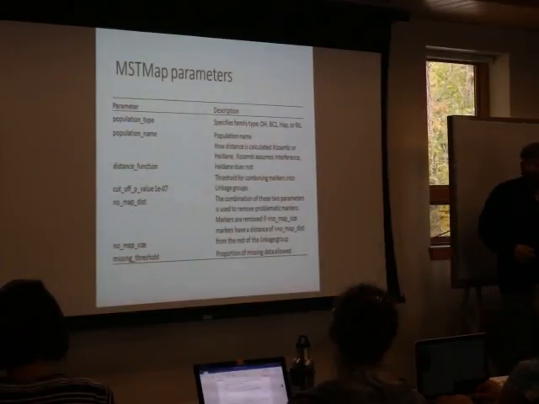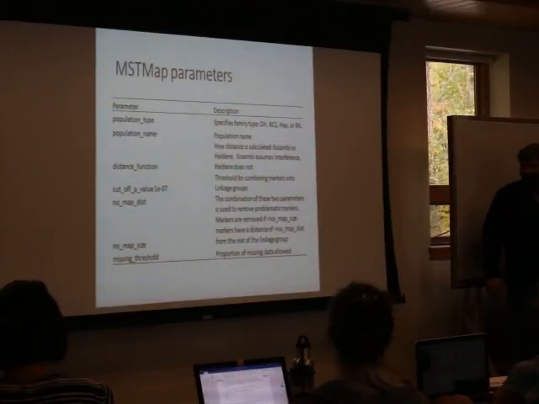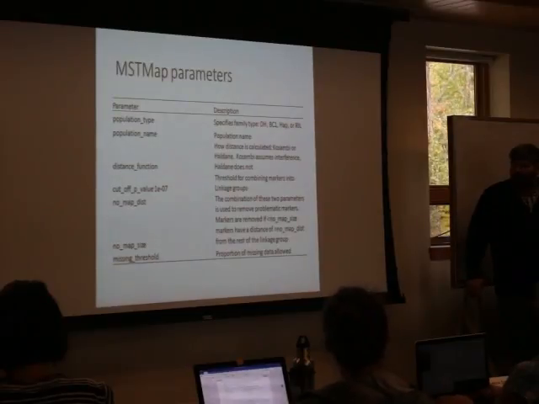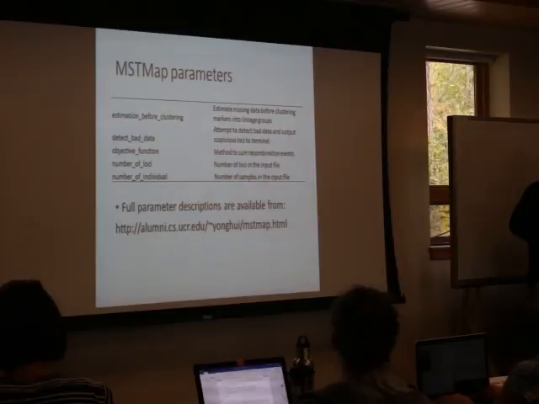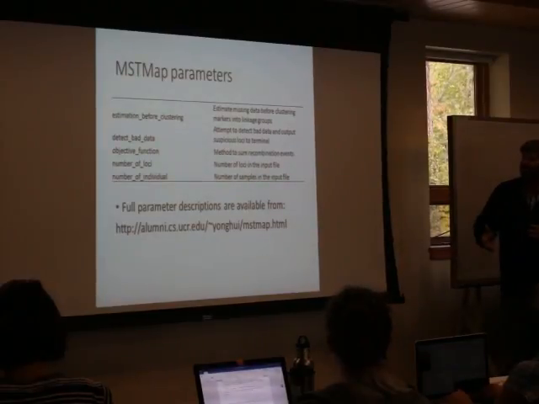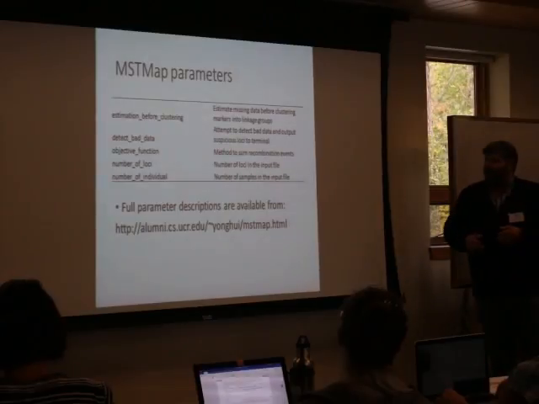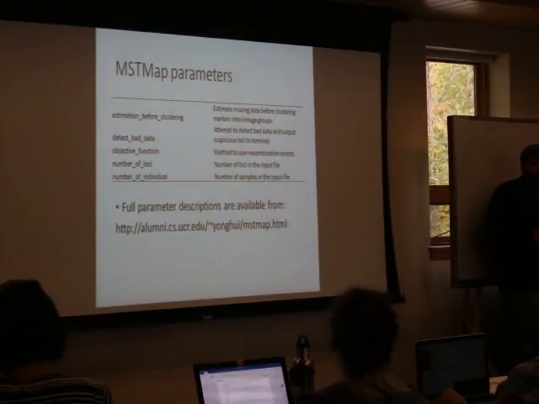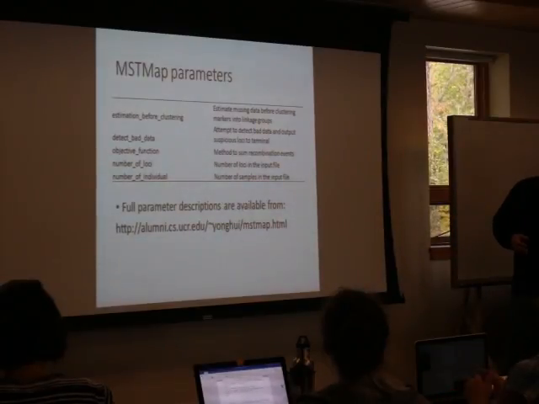The missing threshold is the proportion of missing data that is allowed. In this case, I think all the data has been pre-filtered anyway, so I don't think that's actually going to take out any markers. Estimation before clustering tries to estimate missing data before combining markers to linkage groups. Detect bad data tries to detect problem genotypes, and it just prints out a list of loci that it thinks are an issue.